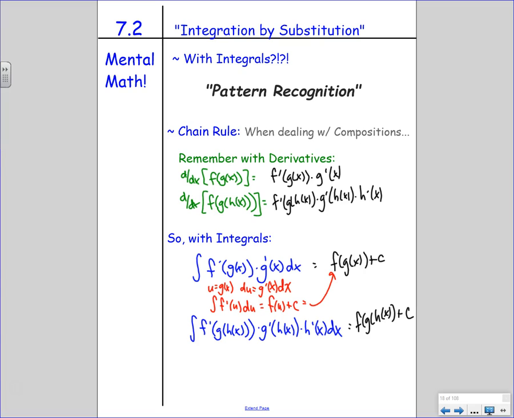Now, what's going to be a little different when we go to the bottom one? It requires two u's. We're going to have to use u, and we're going to have a du.